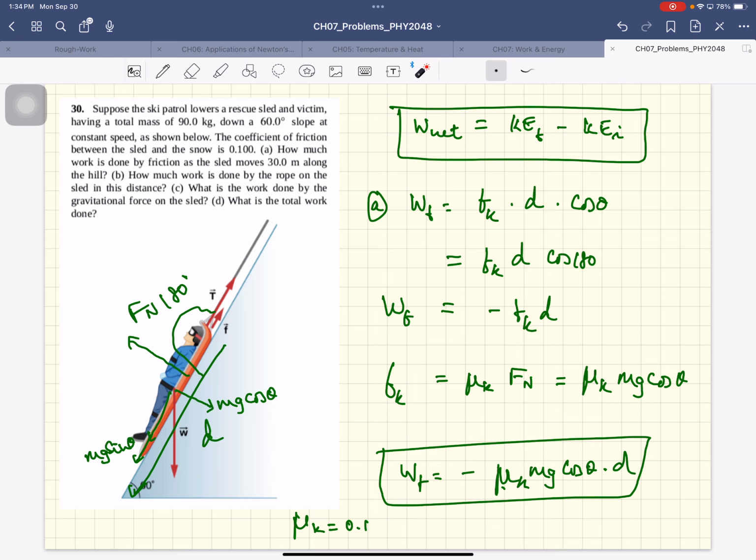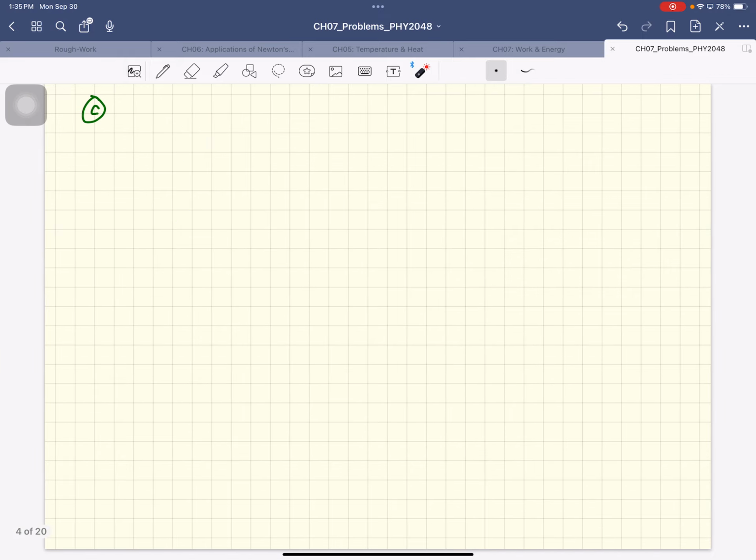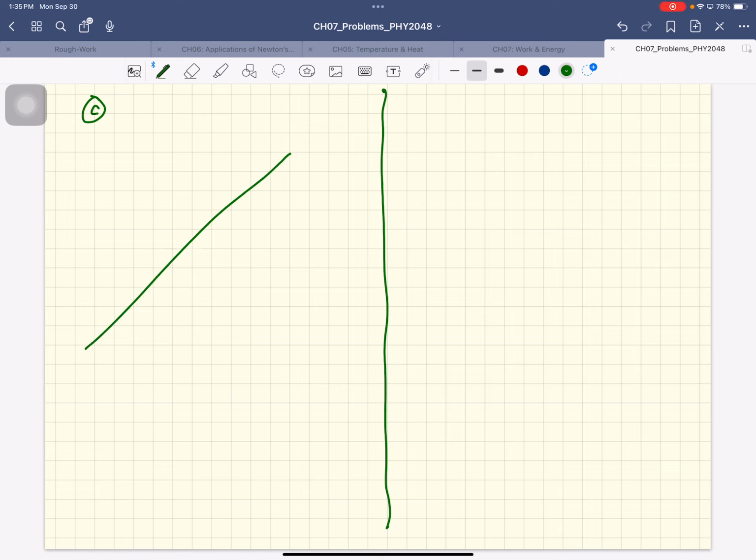All right, so what we're trying to do is calculate the work done by gravity. Okay, so let me do another diagram here. So here's the slope. We'll represent the guy by a point. We want to calculate the work done by gravity. Okay, and so this would be 90 minus theta.